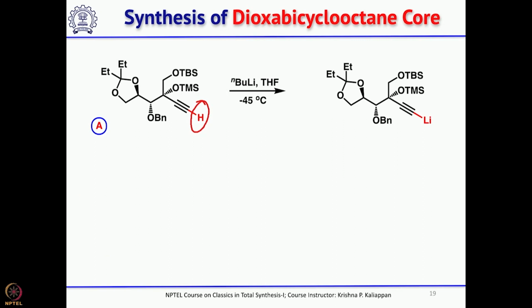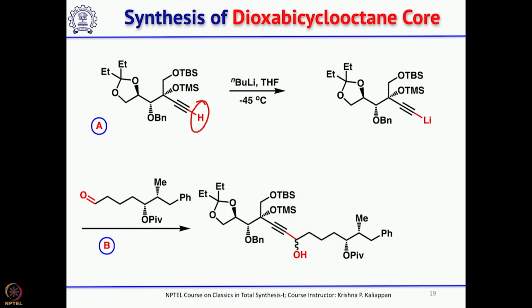You remove that proton and form the corresponding lithium derivative, then add fragment B. Fragment B has an aldehyde, so that undergoes intermolecular nucleophilic addition to get this propargylic alcohol.